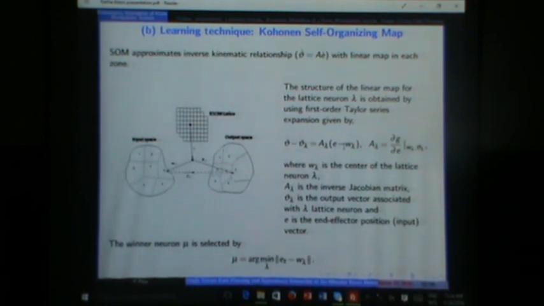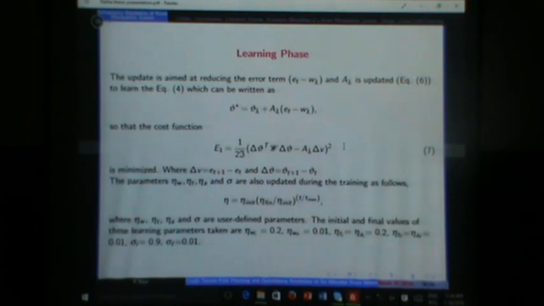Now the other advantage is that the redundancy resolution ensures that all the solutions are preserved. So for every point here, if it's 14 degrees of freedom, there are going to be infinite solutions. So it will keep some solutions based on the criteria you have set.